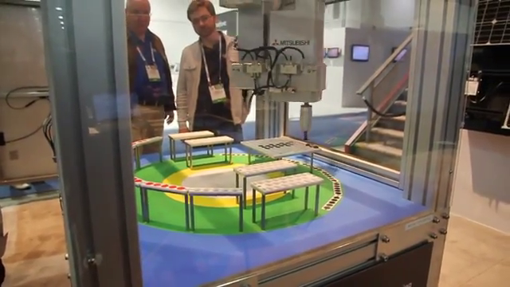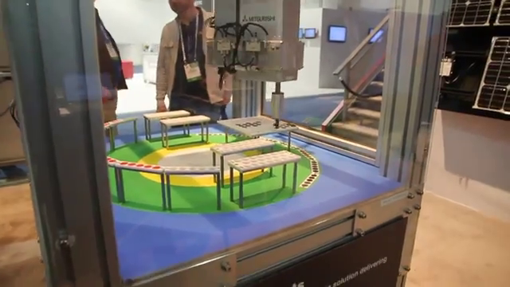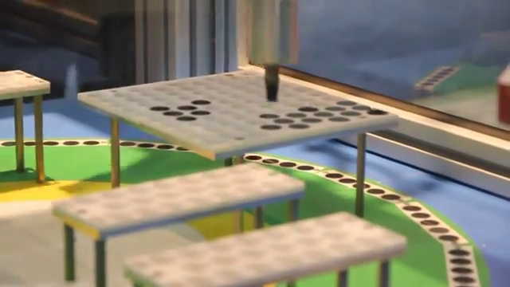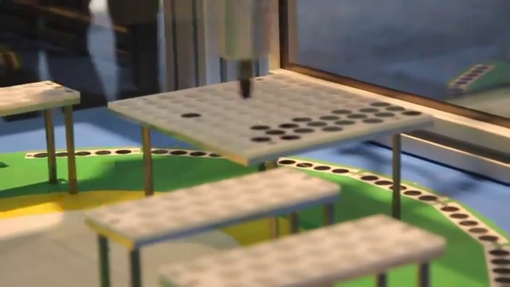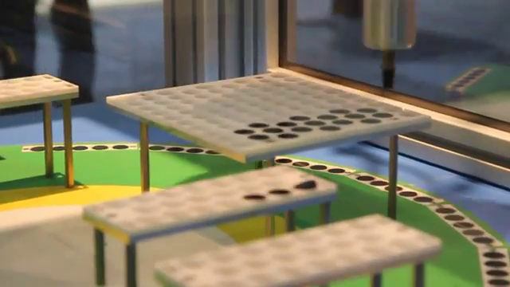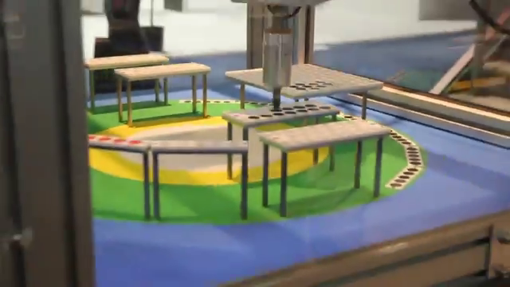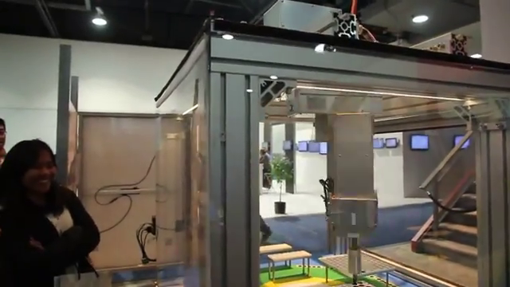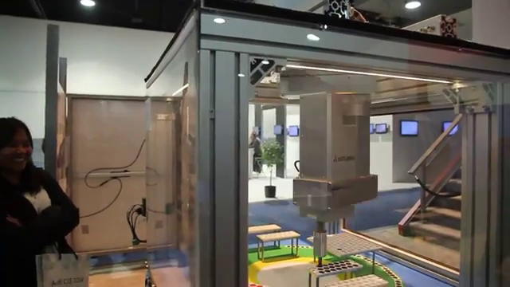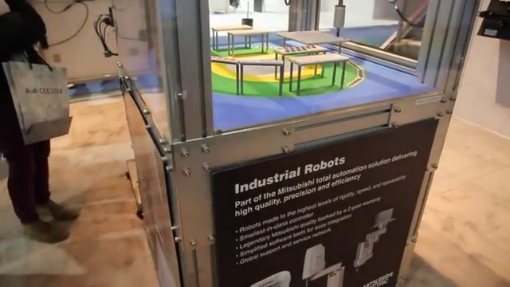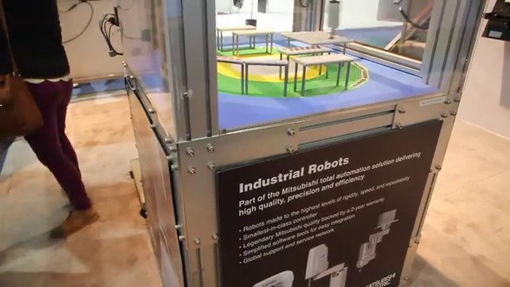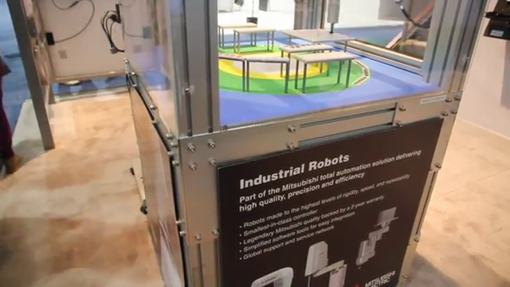I think it just goes down on its own. It's like trying to break out of the. Very efficient.